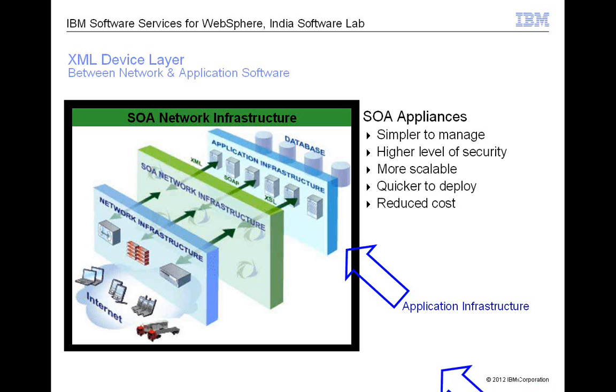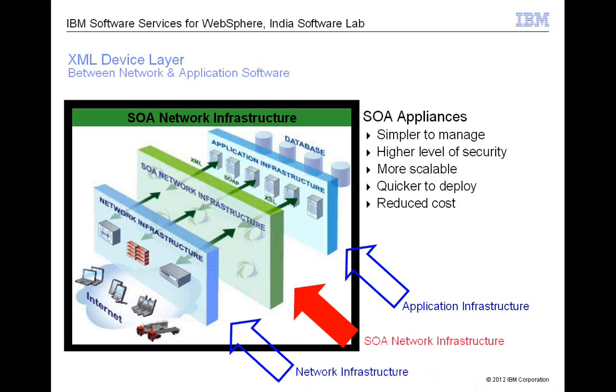You have your network infrastructure, your routing devices, your firewalls, and the layer between the network and the application infrastructure is where DataPower finds itself. These are appliances that are network aware, XML aware, and that can integrate with any of the protocols and formats that the backend may work with.